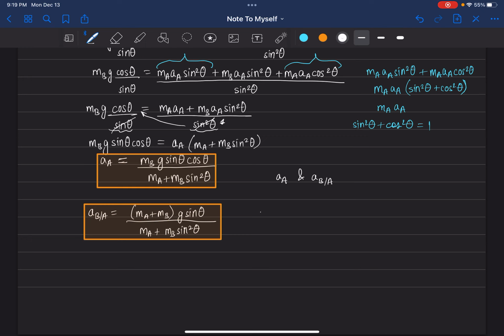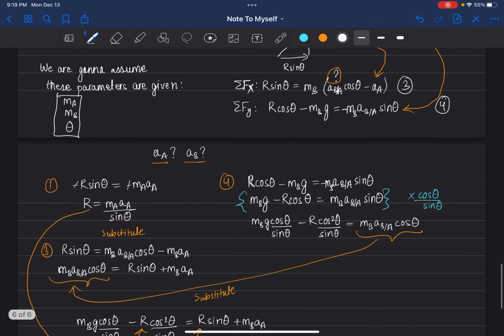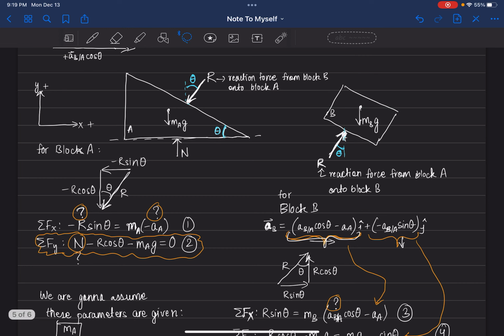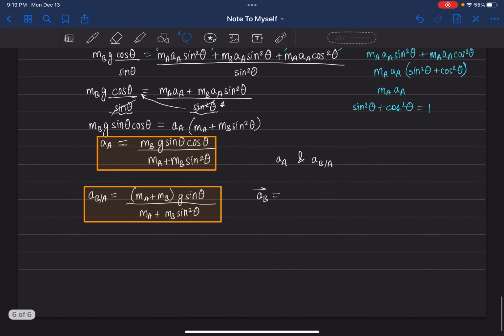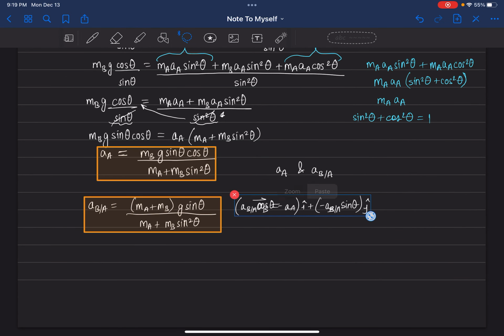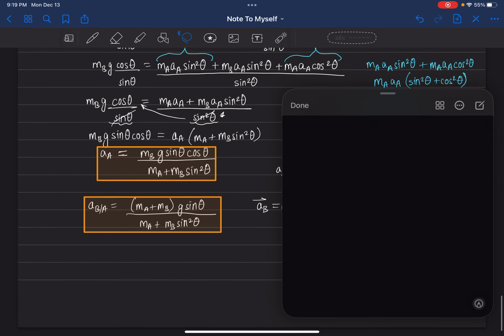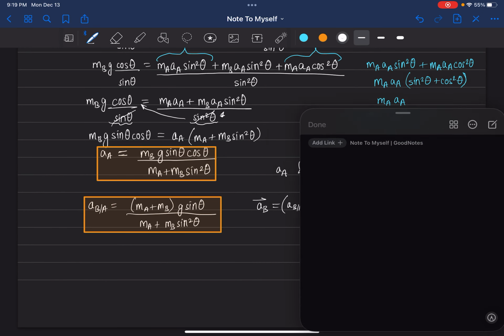So if I want to find a of b, right, a of b was given by what? Let me just bring that down one more time. Right here. So a of b was given by this. Copy. Paste. So a of b was given in vector form like this. So I can find the vector form, that's easy.